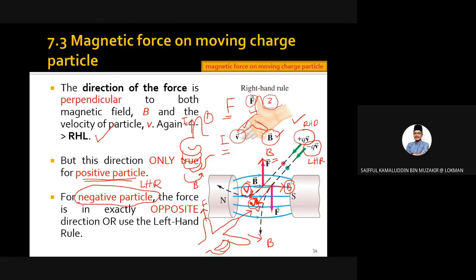This is the direction of your middle finger. Now align your left hand, and your thumb will be facing downward. So this is F. Remember, this is the left hand rule for the negatively charged particle.